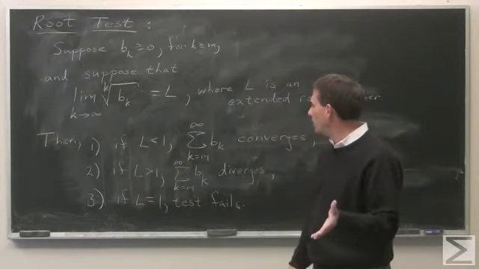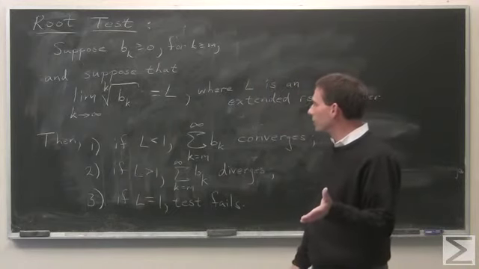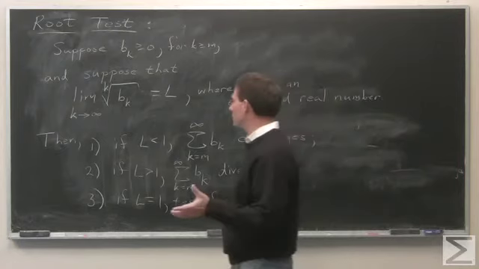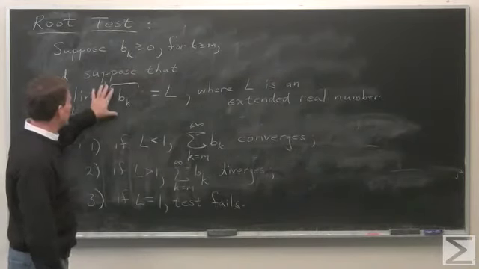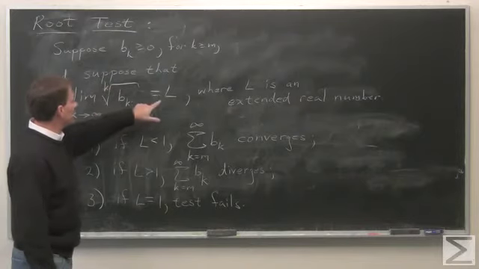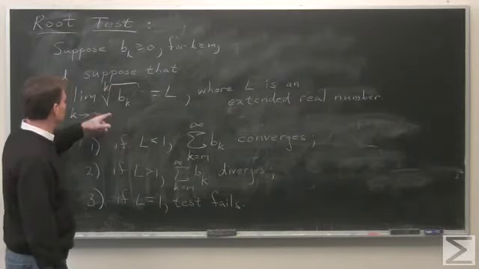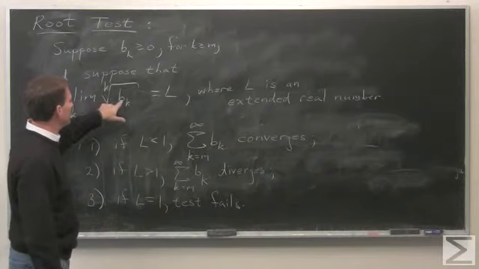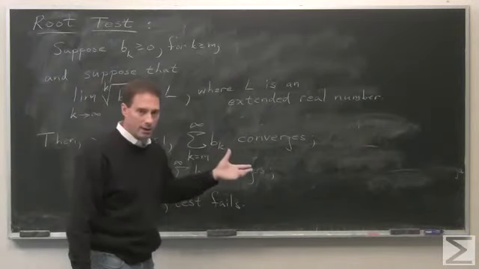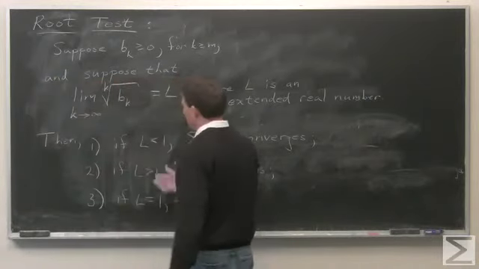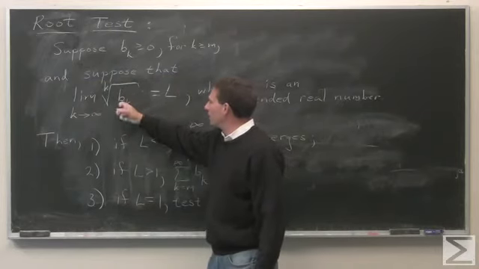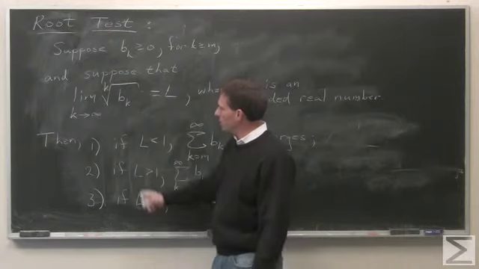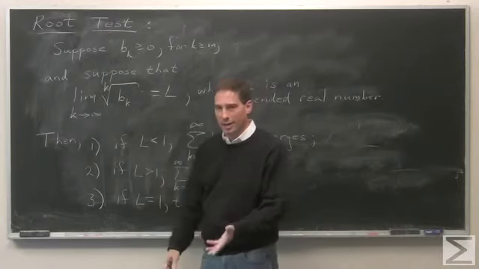If L is less than 1, the series converges. And again, it's because it looks like a geometric series. If you say that this limit is L, then when k is big, b to the k is approximately L to the k, if you raise both sides to the k.